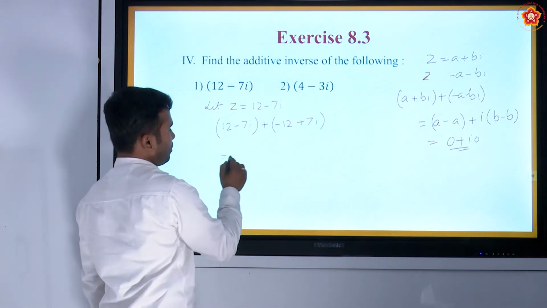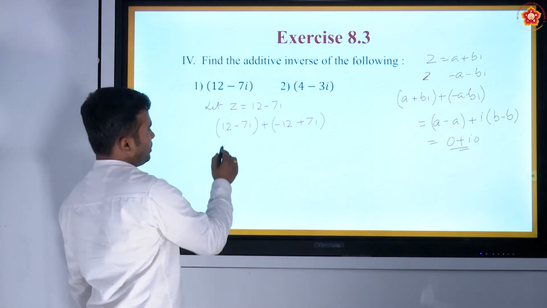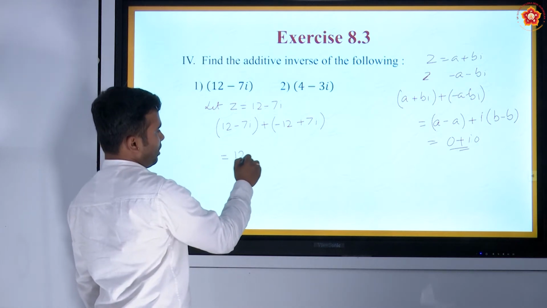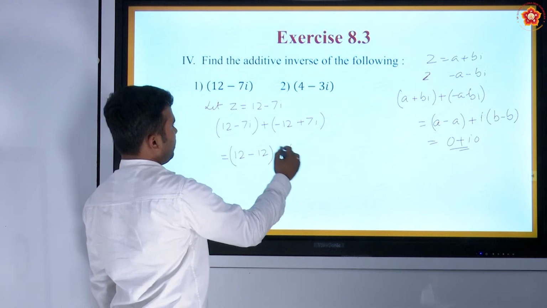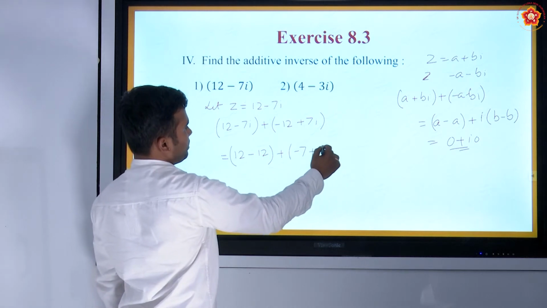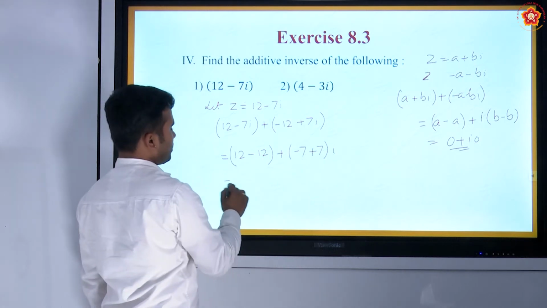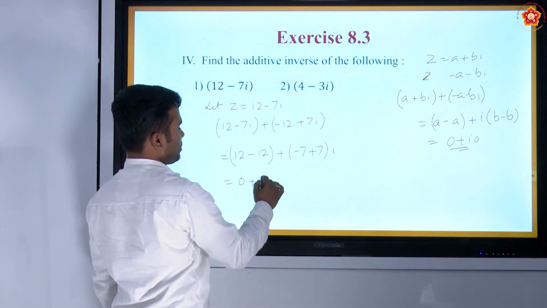So this is 12 minus 12, and minus 7 plus 7i, which is equal to 0 plus 0i.